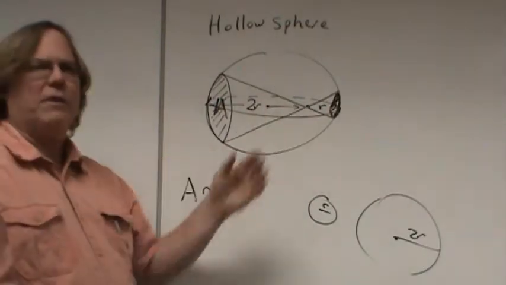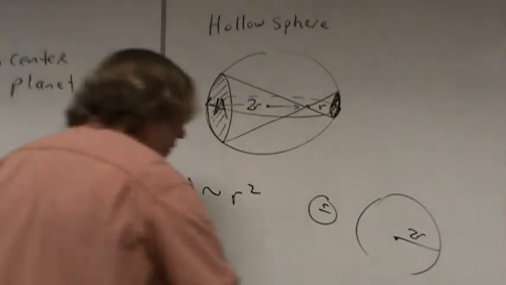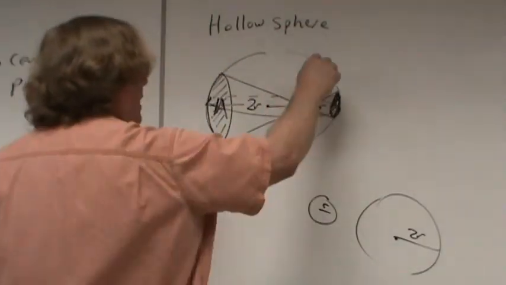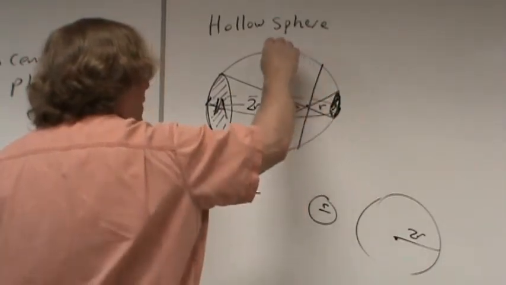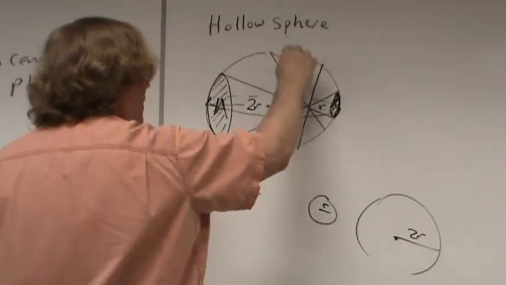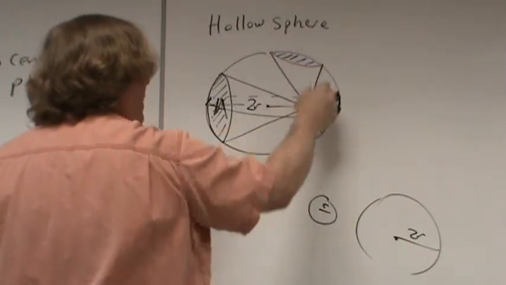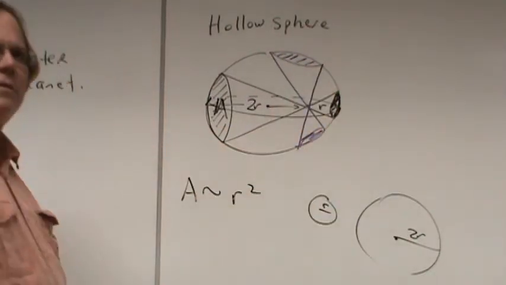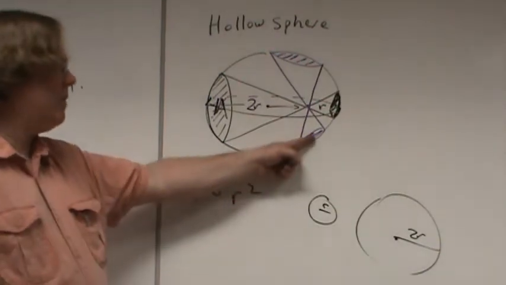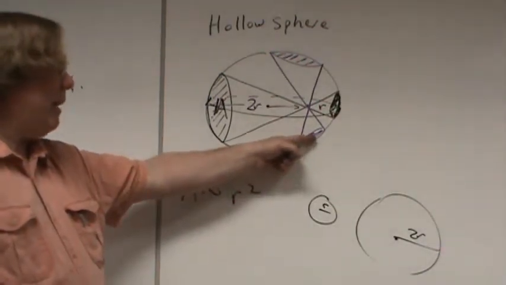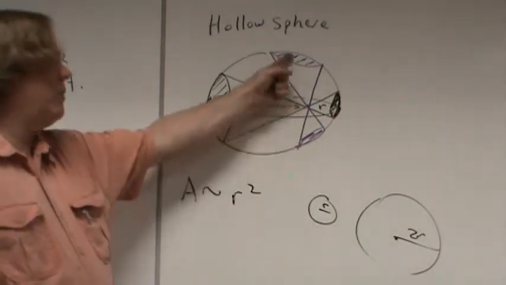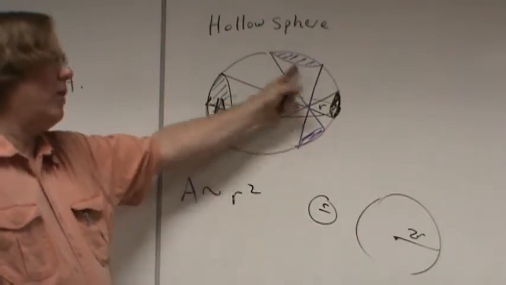And in fact, that's true for any two lines I care to draw, right? I could draw these two lines, and this area and that area will exert equal and opposite forces. Because even though there's less area here, it's closer. Even though there's more area here, it's farther away.